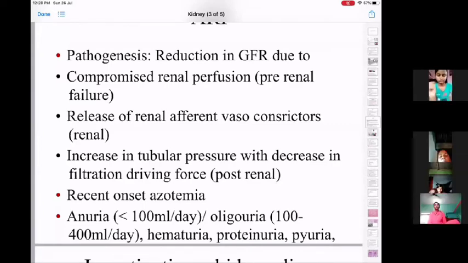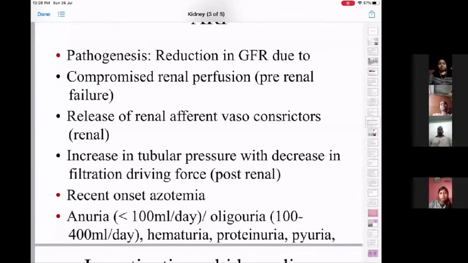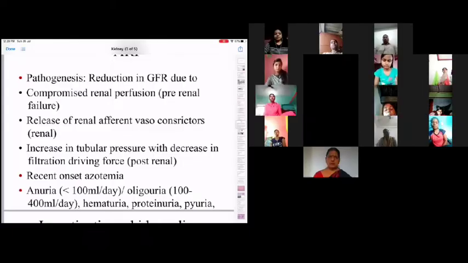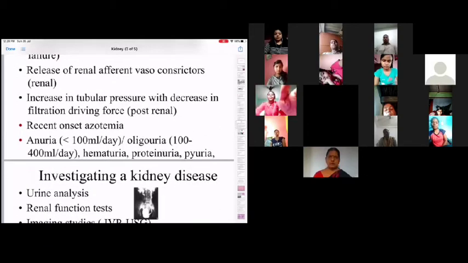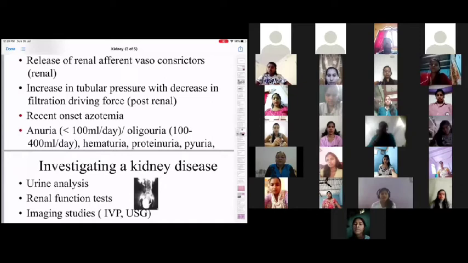Third is the increase in tubular pressure with decrease in filtration driving force. That is post-renal. It means the efferent arterioles are more constricted, so the tubular pressure is raised, so filtration does not occur properly. And fourth is the recent onset azotemia and anuria.